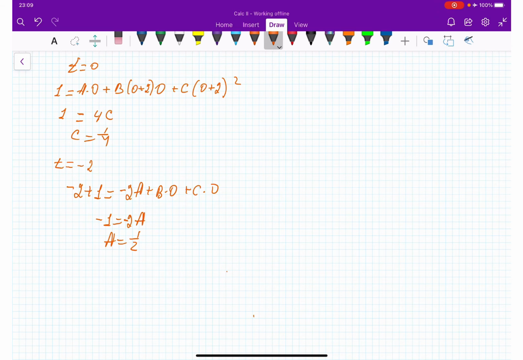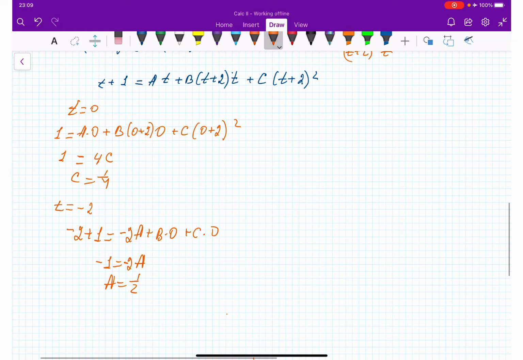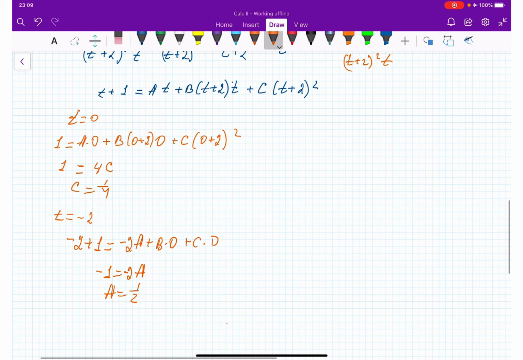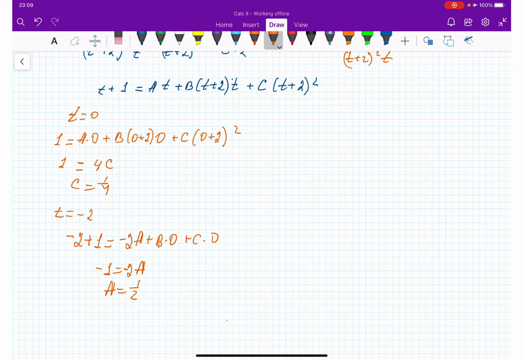Now I need to figure out b. Since we have already a and c values, I'm going to plug in the values of a and c, so it will be easy to find our value b. Since my a is 1/2 and c is 1/4, it's 2 fractions, so I'm going to pick my t as 4. When I multiply, in the case of c, it's 1/4, I can cancel.